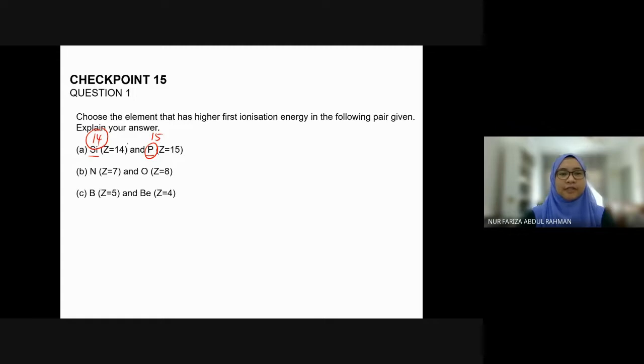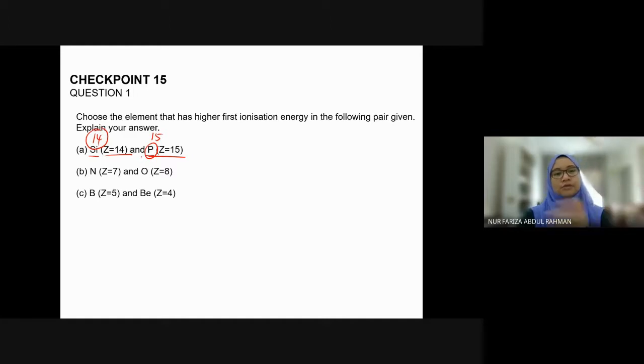Okay, 14 and 15, so these two come from the same period. How do you know it is the same period? You have to do the electron configuration. If you ask me now, of course I already know. But to be safe, just construct your electron configuration to be confirmed.